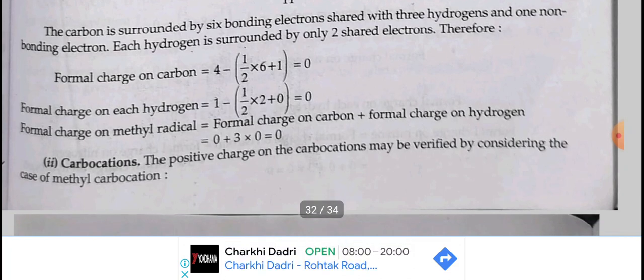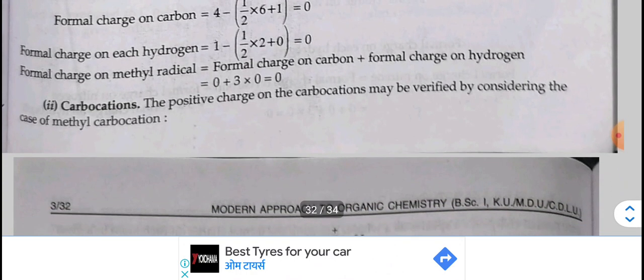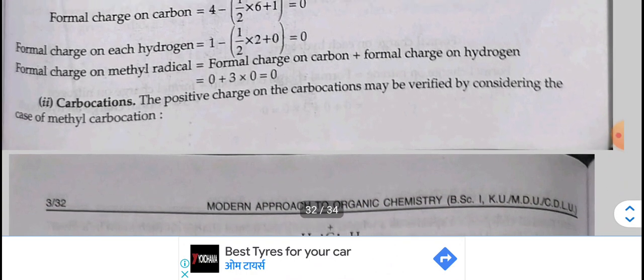Therefore, formal charge on carbon: 4 minus 1/2 into 6 plus 1 equal to 0. Formal charge on each hydrogen: 1 minus 1/2 into 2 plus 0 equal to 0. Formal charge on methyl radical: formal charge on carbon plus 3 into formal charge on hydrogen, 0 plus 3 into 0 equal to 0.